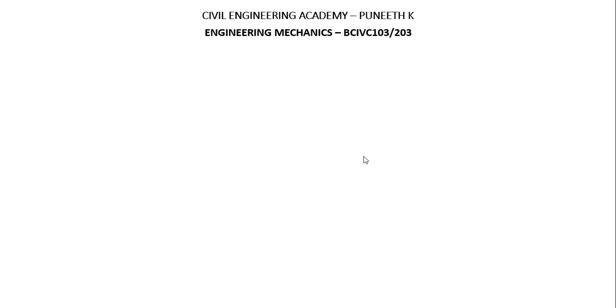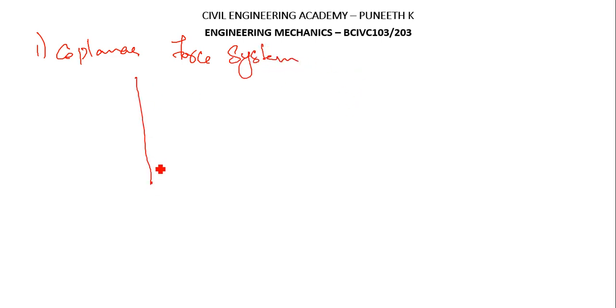There is further classification. We will take up each category. That is, number 1, coplanar force system. Each force system has subcategories. Under coplanar force system, the first one is coplanar concurrent.